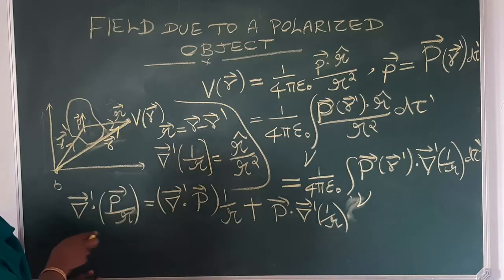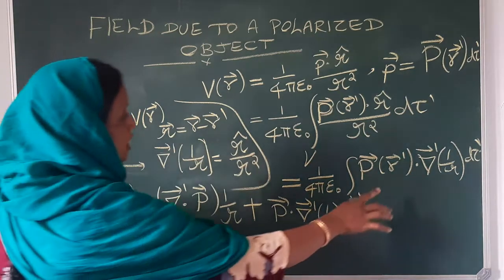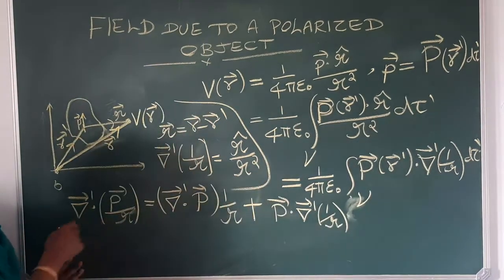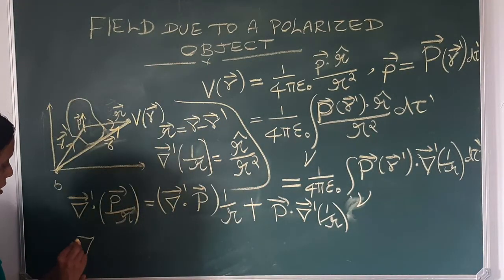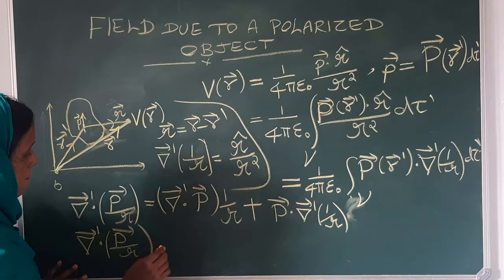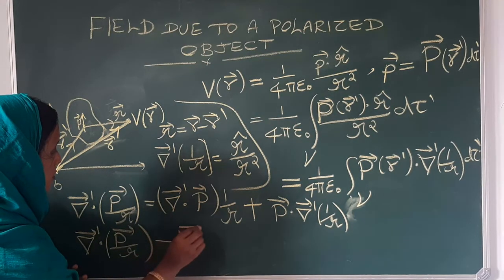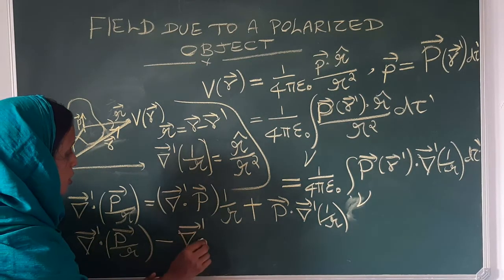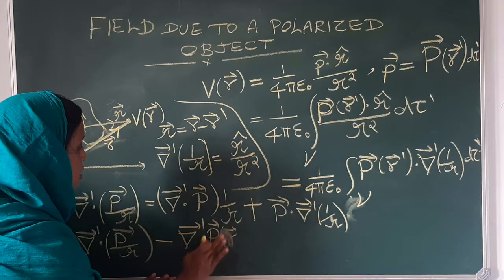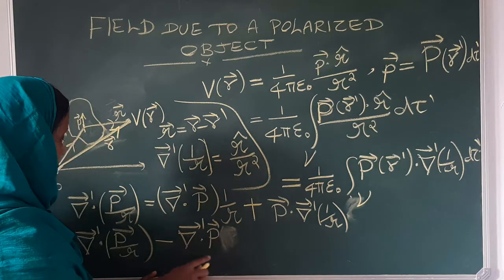Okay, from this you can see that for this part, polarization dot gradient of primed system, you can substitute gradient over primed system dot P by R minus gradient dot P. This polarization is over always on the primed system.